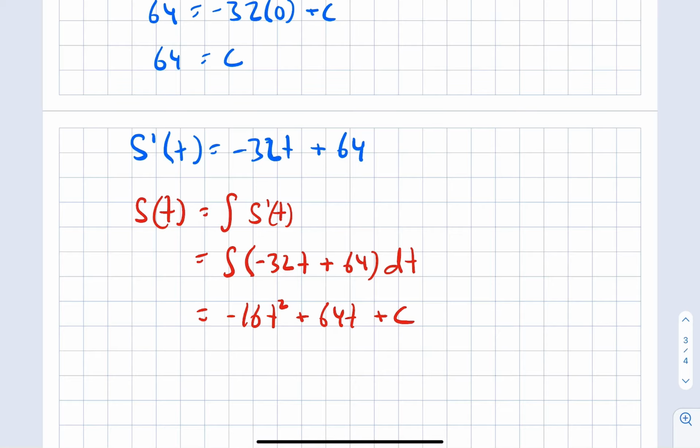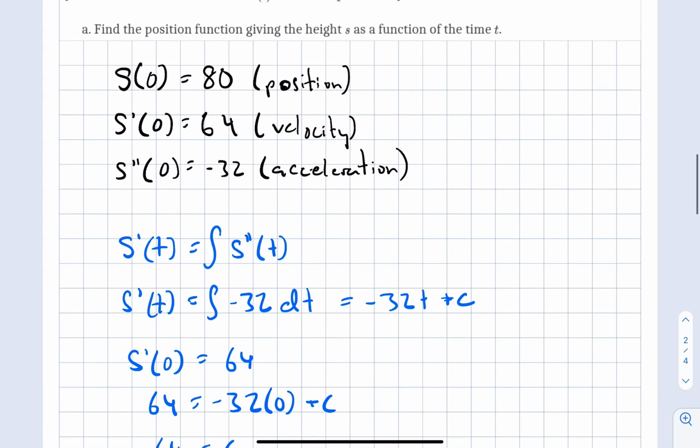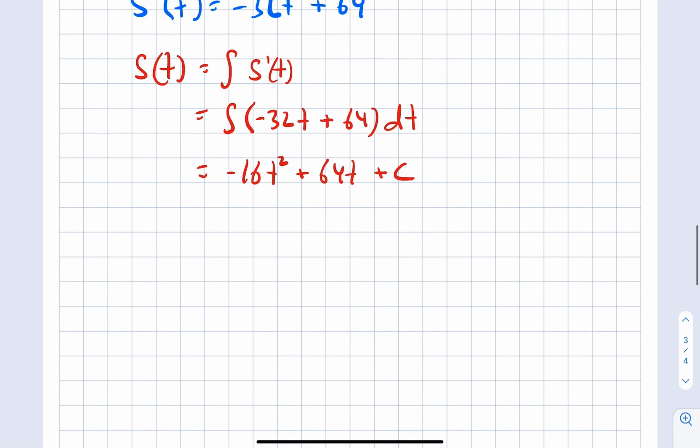Okay. And then just a reminder, we were told earlier that s of 0 equals 80. So going back over to here, we'll put the 80 right here. If we plug in 0 for t, that means negative 16 times 0 squared plus 64 times 0 plus c, that's all going to equal 80.